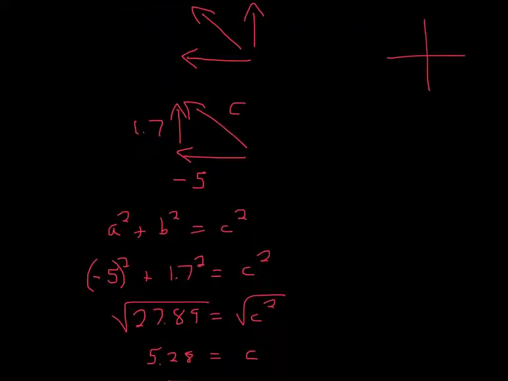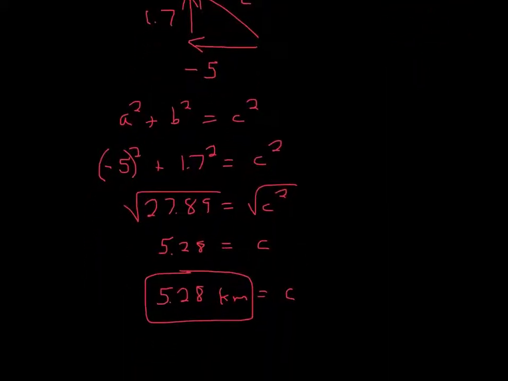Because the magnitude is the length, and the vectors are lengths, we're finding the third side. The Pythagorean theorem formula is a squared plus b squared equals c squared. So all you do is -5 squared plus 1.7 squared equals c squared, square root all of that, and you get 5.28. But we're not done yet, because in the beginning I said that the units will be kilometers, so we have 5.28 kilometers, and that will be the answer.